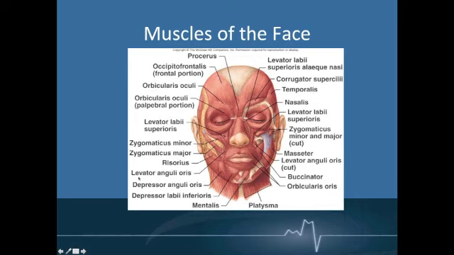Look at this one, levator anguli oris, lifter of the corner of the mouth. And then its antagonistic muscle is the depressor anguli oris. Depressor labii inferioris. Okay, so that's antagonistic for superioris up here. Here's your orbicularis oris. Your buccinator muscle.